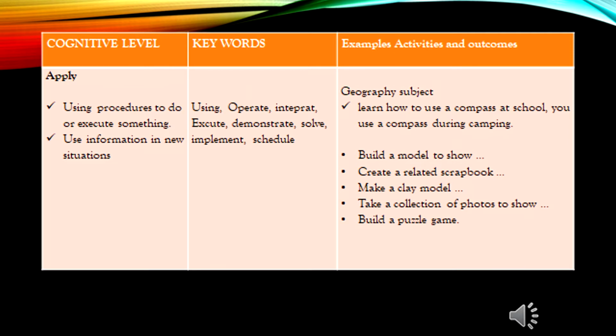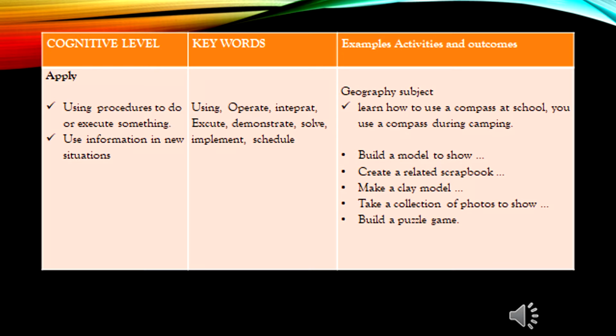The next level is apply. Apply means using a procedure to do something, using information in new situations. Keywords for this level are implement, demonstrate, interpret, and use. For example, in a geography subject, the teacher teaches how to use a compass at school.